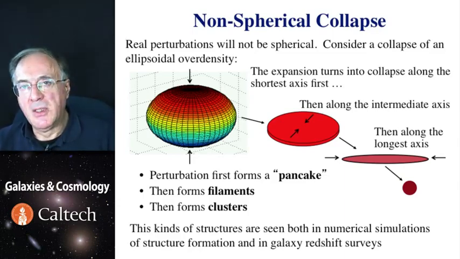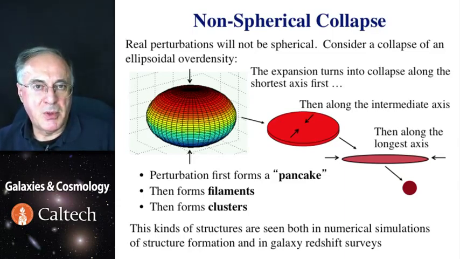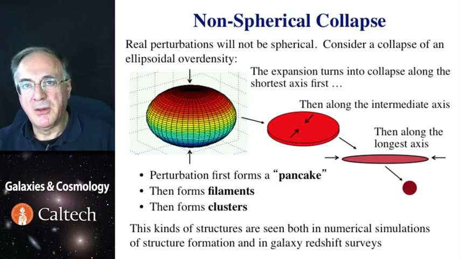Now, look what happens. At first, the perturbation expands within the surrounding universe, but then it turns around, and it will turn around first at its shortest axis, and it will start collapsing along the shortest axis while still expanding in the other two. So a three-dimensional blob will flatten itself into a pancake-like structure. And then it will turn around on the second shortest axis, and it will collapse along two axes and expand on a third one.